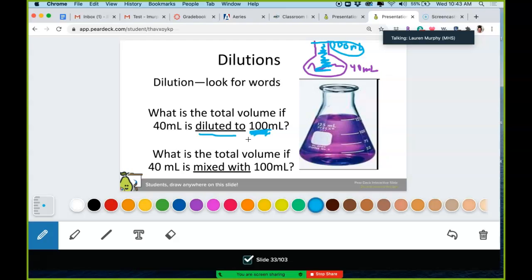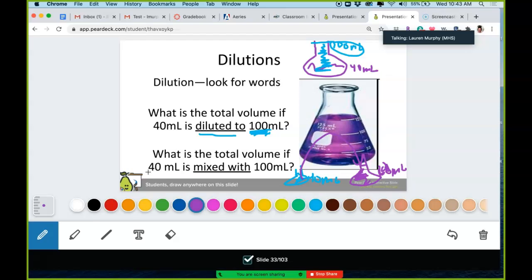Now this is contrary to being mixed with. So when you take 2 solutions and you mix together, their volumes are additive. So it could be added to, mixed with, combined with. So if you take something that's 40 milliliters and you mix it with something that's 60 milliliters, you now have a total of, not 100 milliliters, not 60 milliliters.